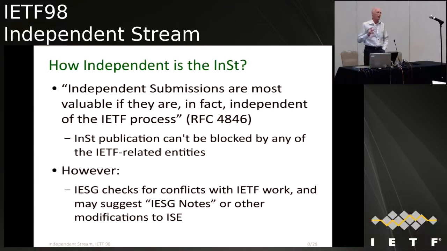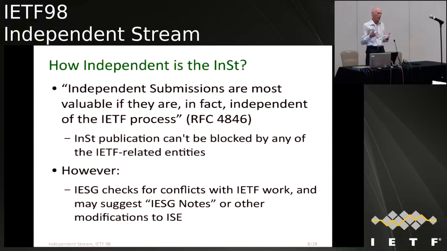But in return for that, at the time 4846 was written, the authors agreed that every document which the ISE was proposing to publish would be submitted to the IESG for a conflict review.